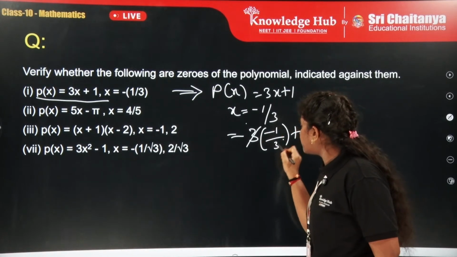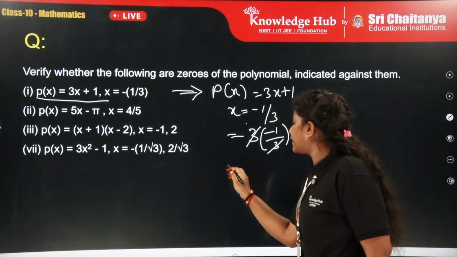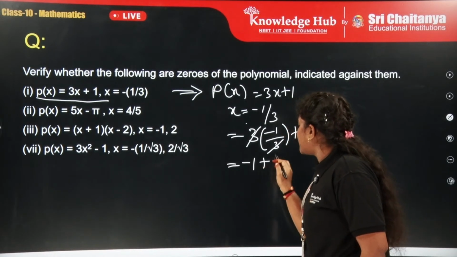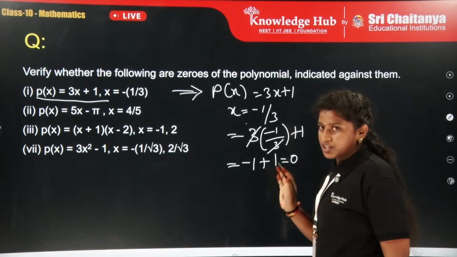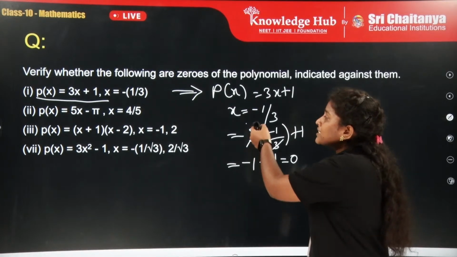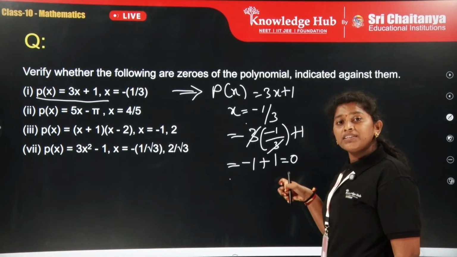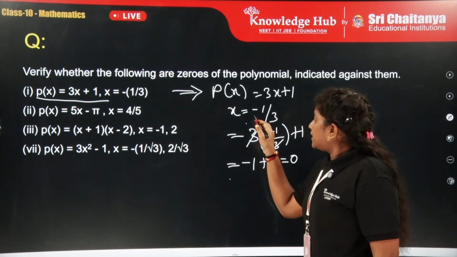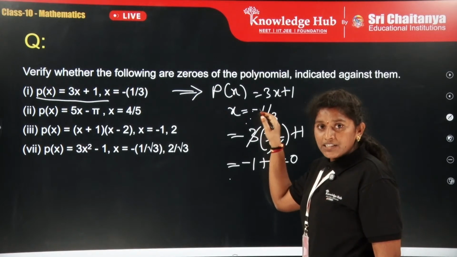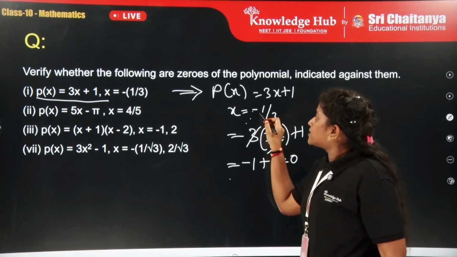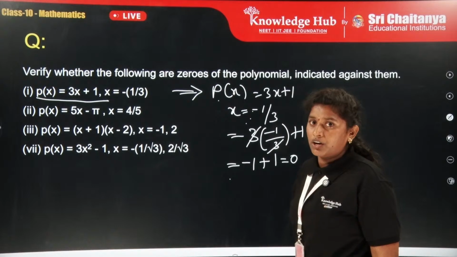The denominator and numerator 3 get cancelled, and you get minus 1 plus 1, which is 0. So after placing x as minus 1 by 3, I got the polynomial value as 0. So x = -1/3 is the zero of the given polynomial.